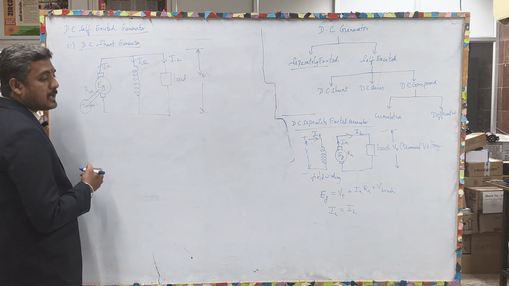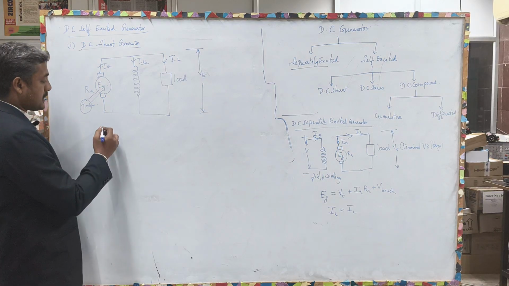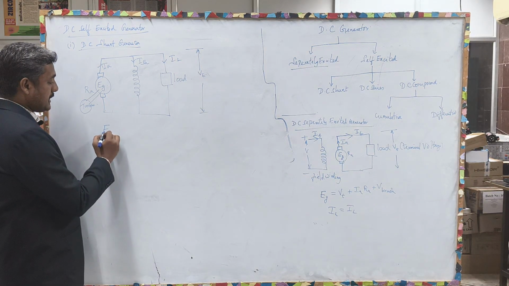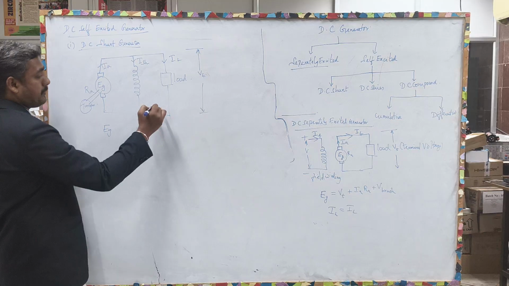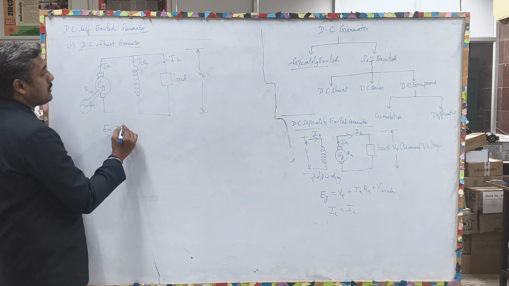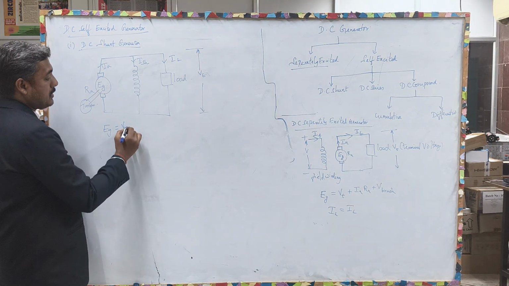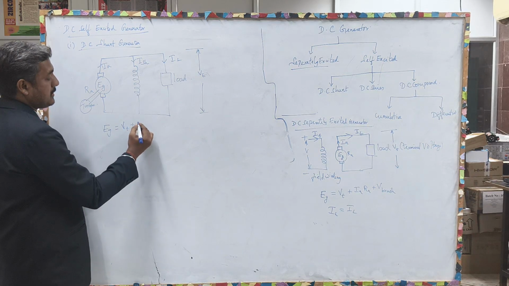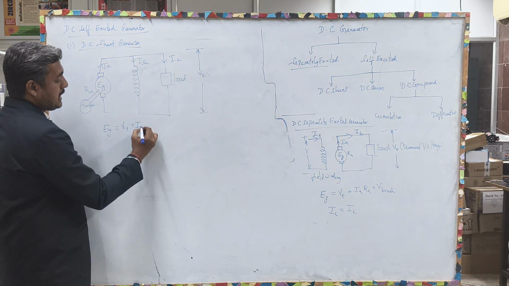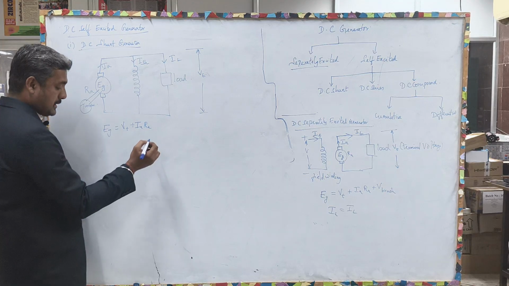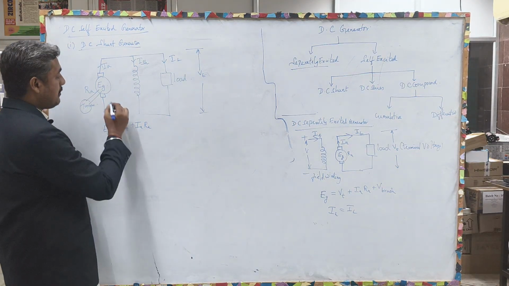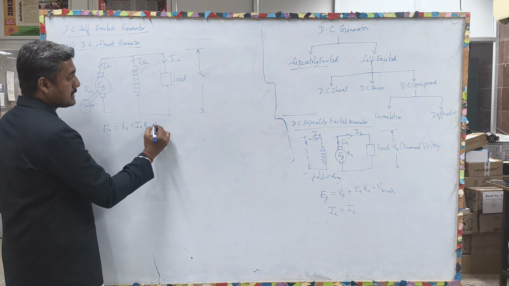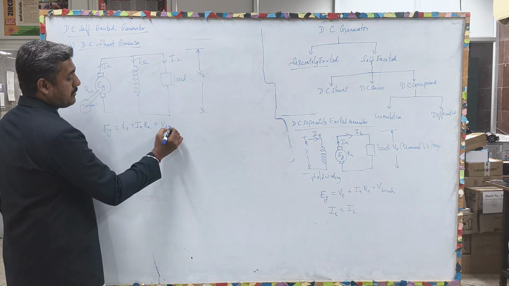Now if you are going to write the electrical equation or KVL equation for the system, you can write for this loop, EG equal to terminal voltage VT plus IA into RA drop, that is armature winding drop, plus V brush.